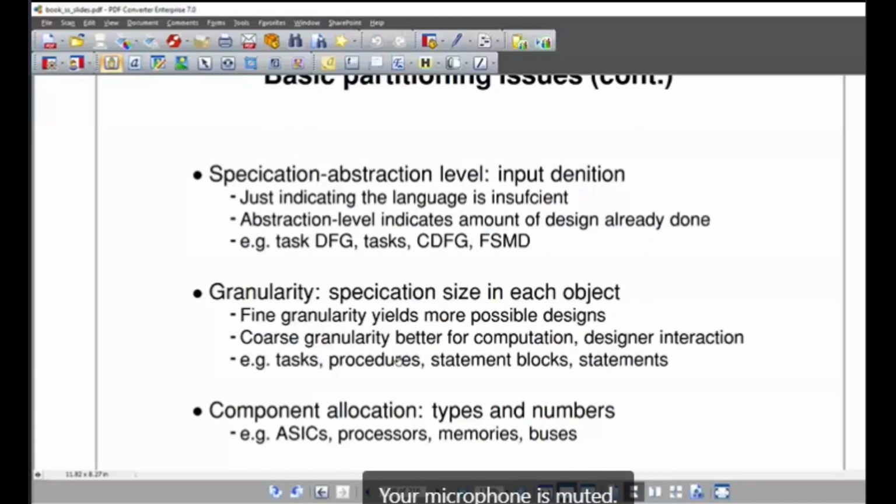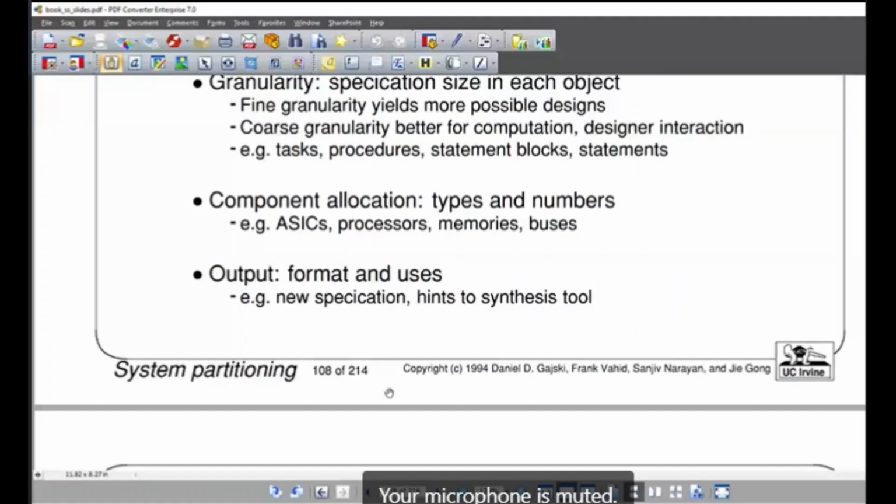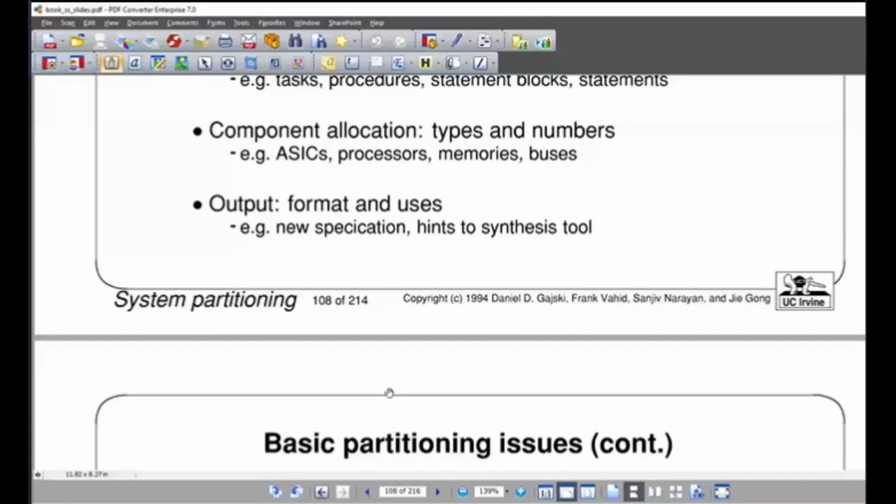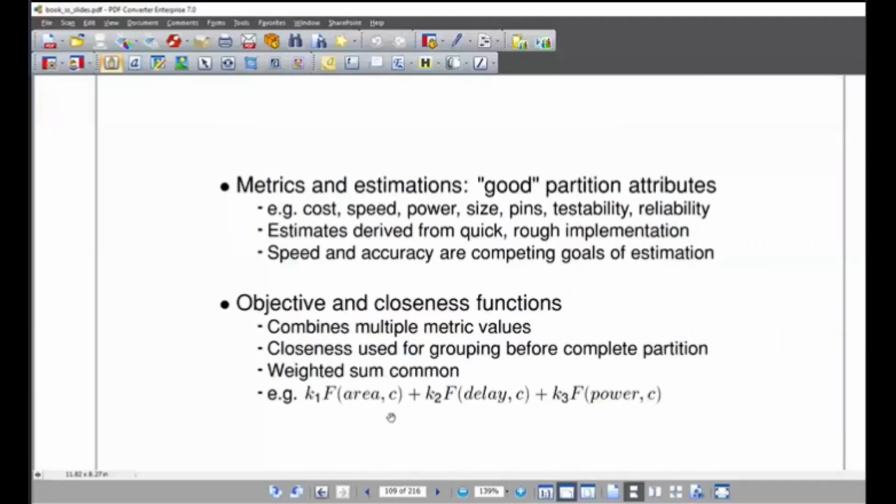Normally, all these different algorithms which we are going to discuss are available with the synthesis tool. The important thing is that we do need criteria for good partitioning: power, speed, cost, number of pins, which is also referred to as the net list, testability, and reliability.